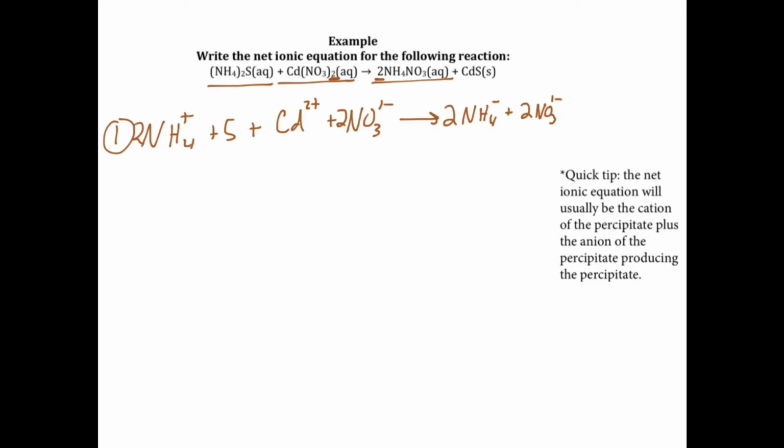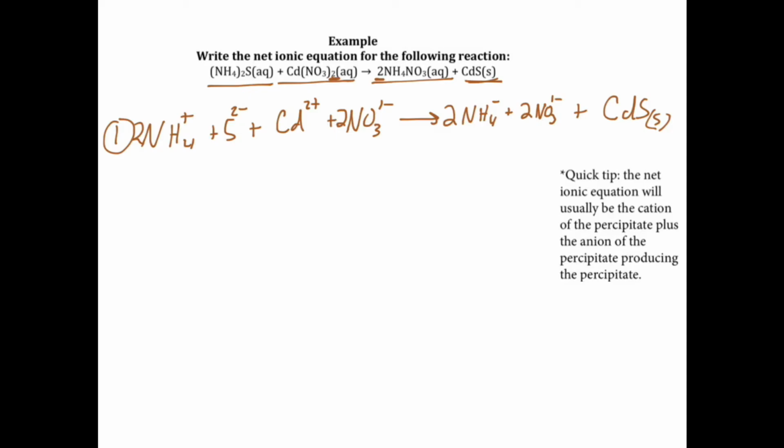Now notice this one is a solid, so it is not dissociated in solution, but rather it stays intact and has probably settled to the bottom of the solution. So this is a solid. What we want to do is look at what starts off as an aqueous ion but is then no longer an aqueous ion.